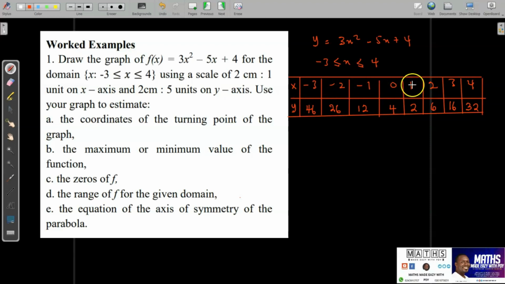Now, if you look at the kind of data we have, or the kind of points you are going to plot on the graph, for the x values, it has both negative and positive numbers. So there is a need for us to show both. But for the y values, it has only the positives. So it means we don't have to waste our time showing the negatives that much.